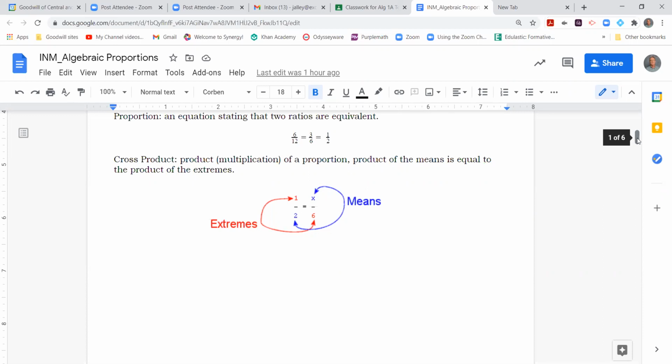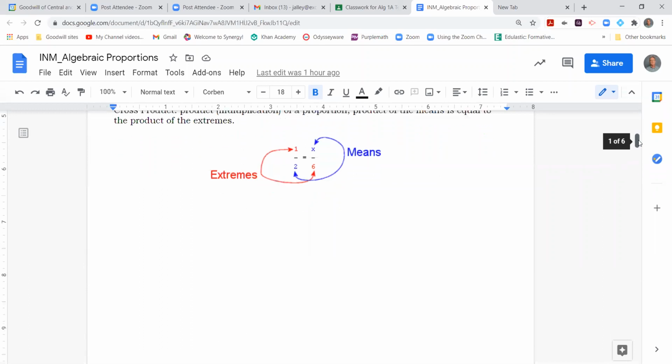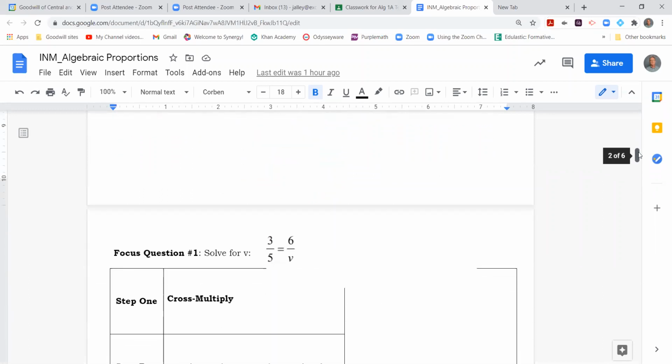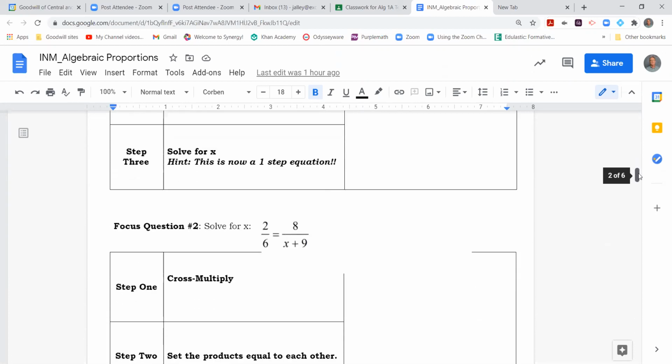Where that's important is where you get into some more complex proportions. That's a simple proportion that you could easily see as fractions that are equivalent. Focus question 1 is very similar.